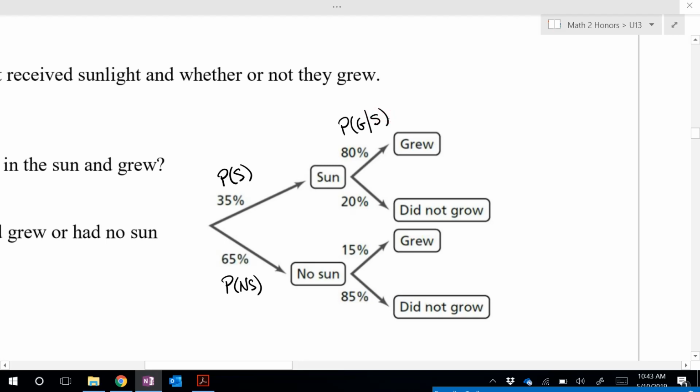You see how that works? It's not the probability that it grew and had sun. Careful. It's the probability that it grew given that it had sun. How would I find the probability that it had sun and it grew?